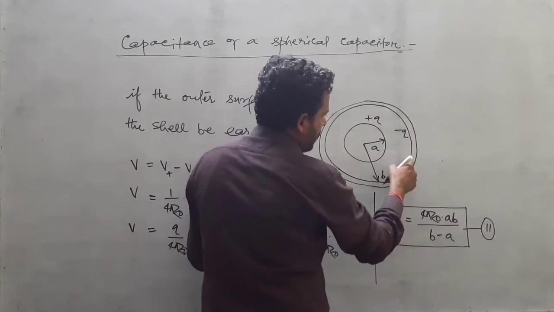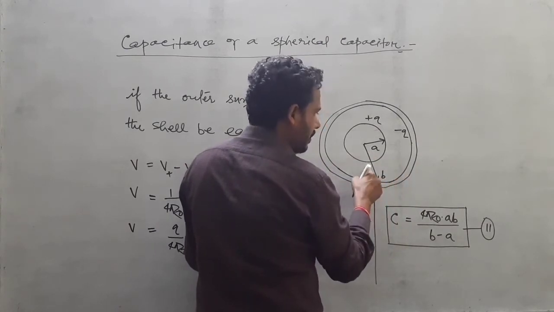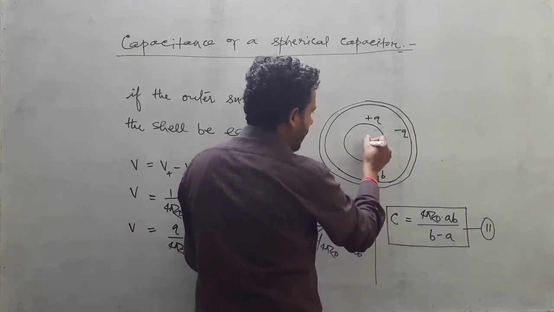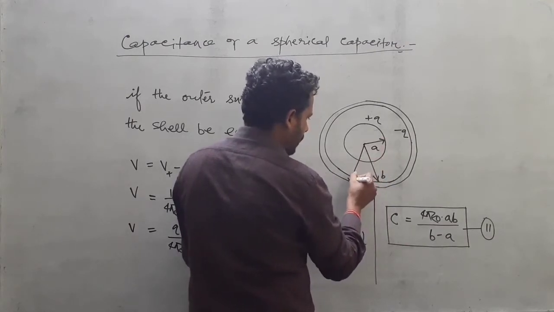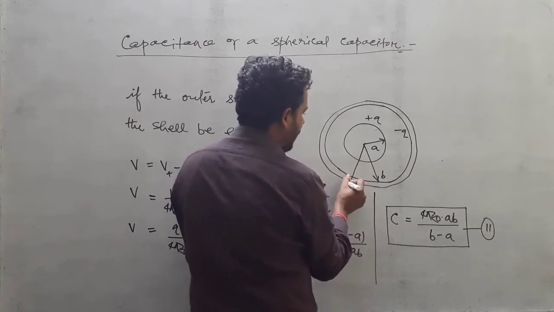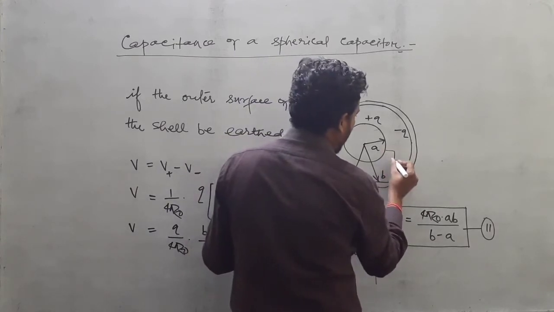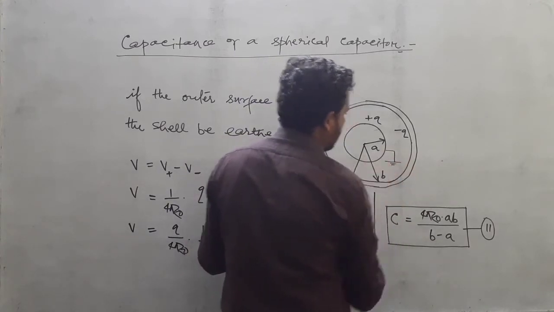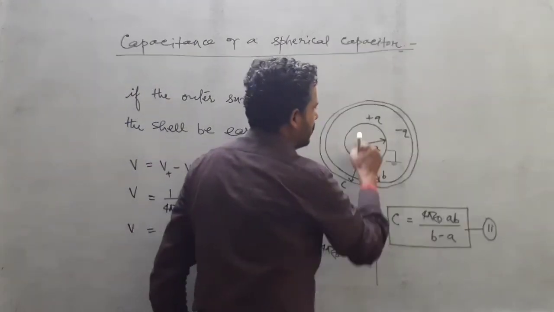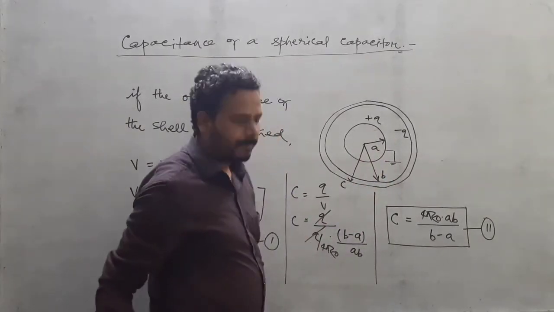The internal surface of this shell has radius b, the same as before, this one has radius a, and the outer surface of the shell, suppose its radius is c, and you just have to earth the outer surface of the internal sphere like that.